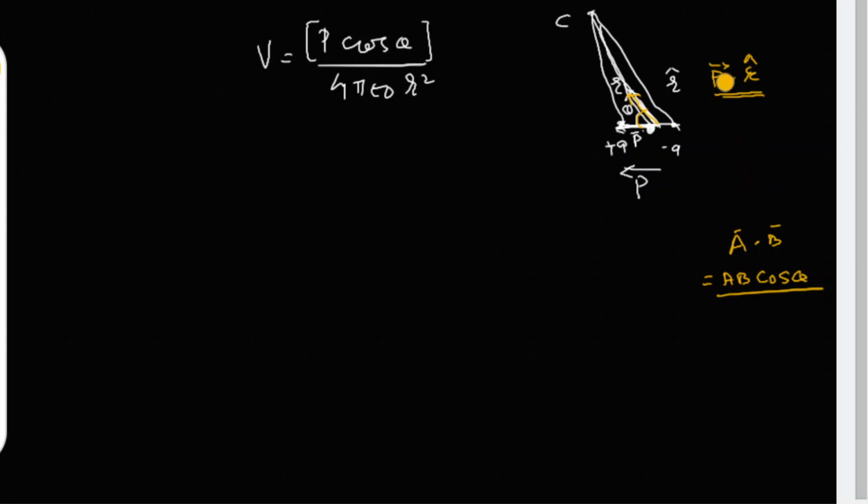Similarly here, P is the magnitude of the p vector, r cap is a unit vector so its magnitude is 1, and the angle between them is theta, so cosine of theta. So I can write P cos theta here.